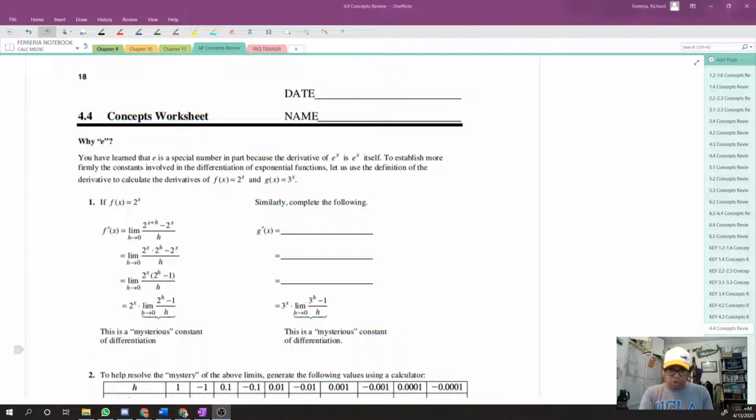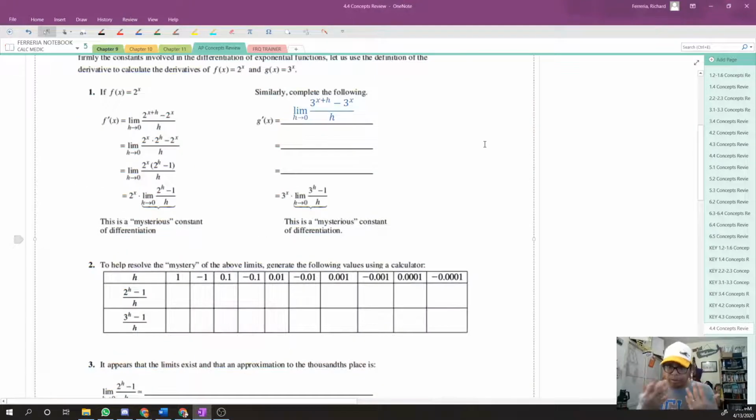Using the definition of the derivative, we know that the derivative would be 2 to the x plus h minus 2 to the x, the whole thing divided by h. So for g prime of x, we're going to use that same limit definition of the derivative to get the derivative of 3 to the x.